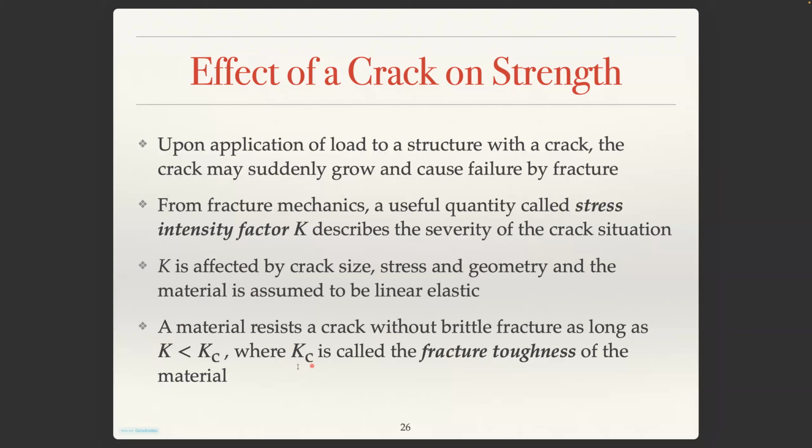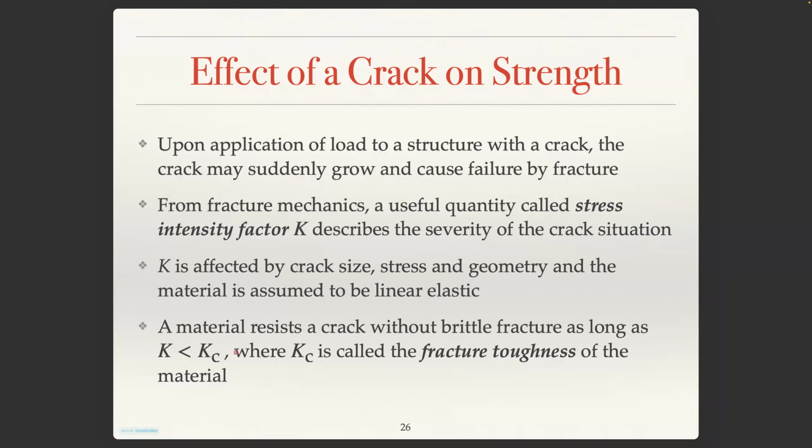Kc is your fracture toughness, that is the material property, whereas Gc is the critical energy release rate. As long as your stress intensity factor, that is sigma root pi a, is less than Kc, no problem, the crack will not grow. But if this becomes equal to Kc, then the crack will grow.